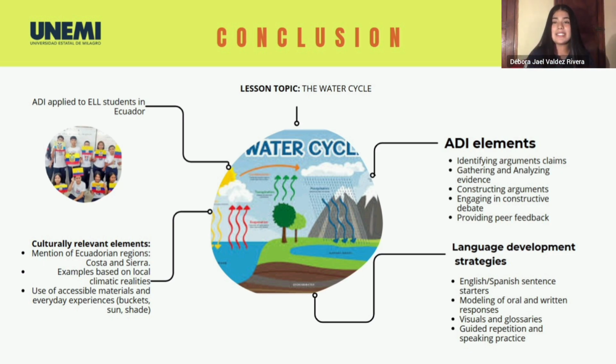Through the practical example about the water cycle, we showed you how to apply the principles of the ADI model: identify claims, gather evidence, construct arguments, debate, and provide peer feedback. In addition, we integrated culturally relevant elements of the Ecuadorian context and strategies to foster collaboration, engagement, and active participation in the classroom.